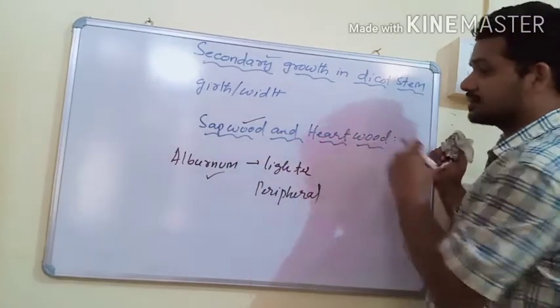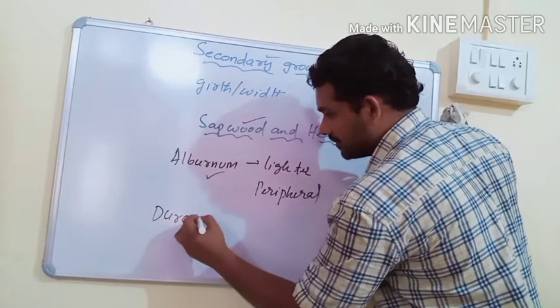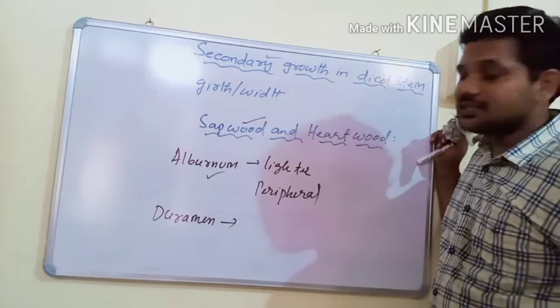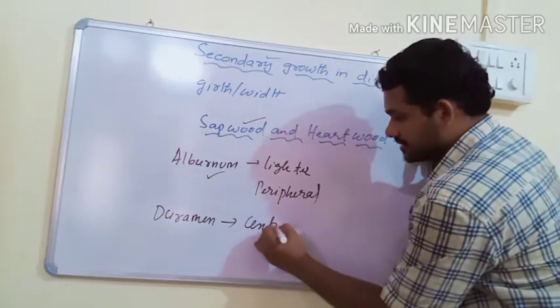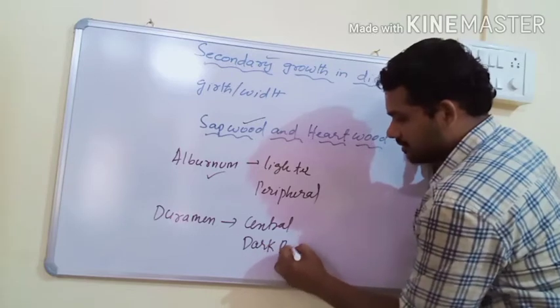And the next one is heartwood. Heartwood is also called duramen. Duramen is centrally located and dark brown in color.